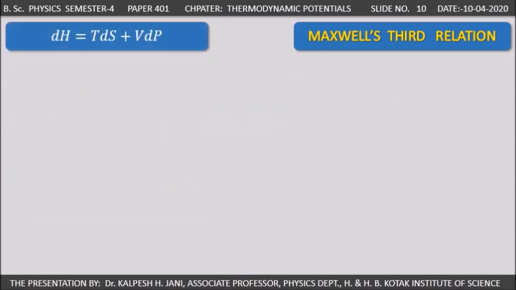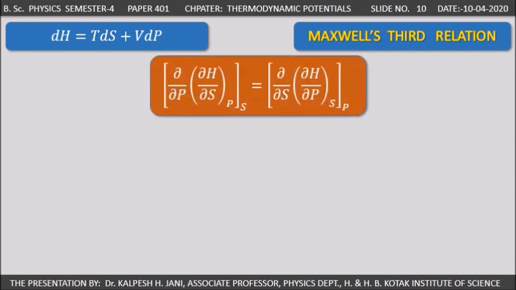We shall start with the equation dH is equal to TdS plus VdP, and then we shall take the second order differentiation of this enthalpy H with respect to entropy and pressure consequently, and we have to equate these two second order differentiation terms.